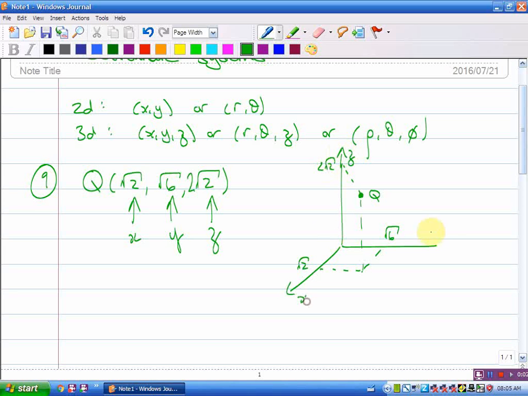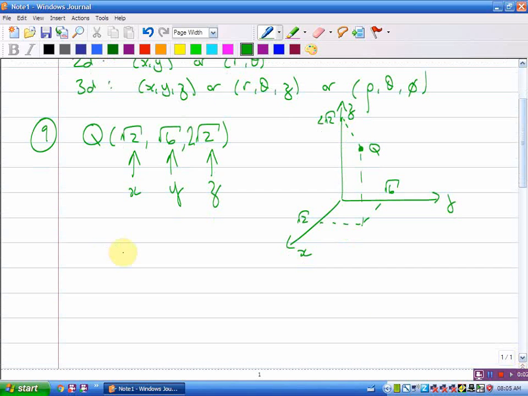Okay, there's z, there's x, there's y. I'm going to draw just my xy plane. So here's the projection of Q, so that's Q projected onto the xy plane. And that's a root 2, and that's a root 6.